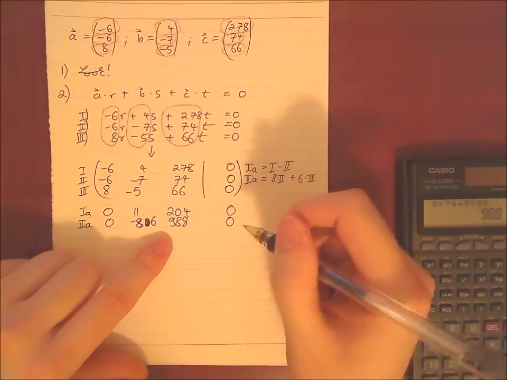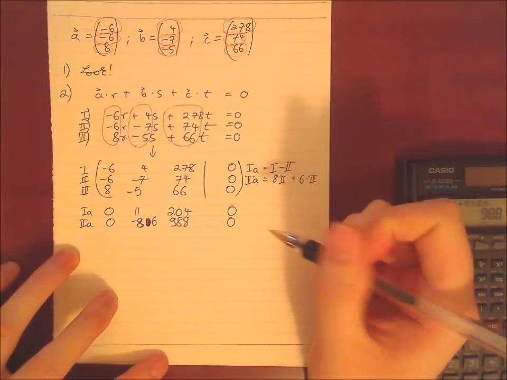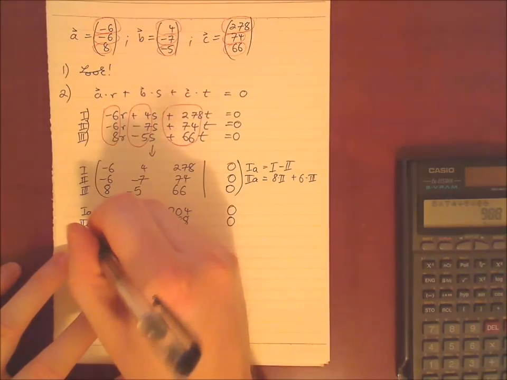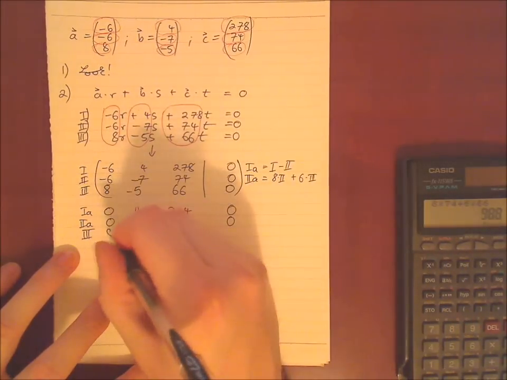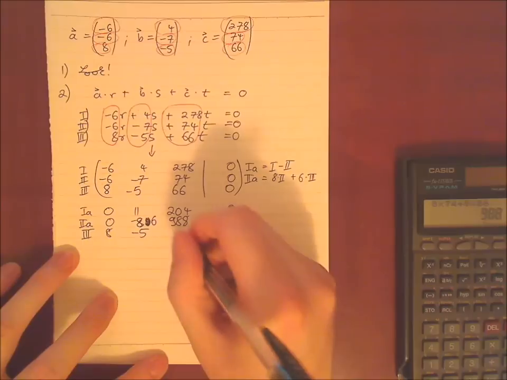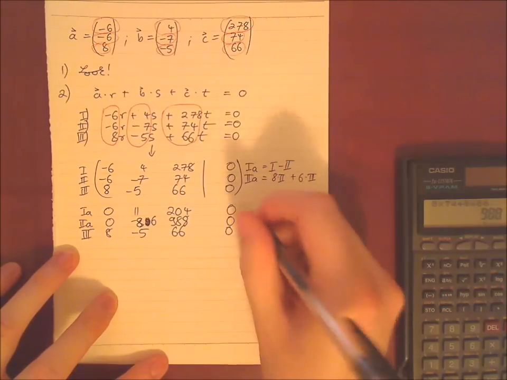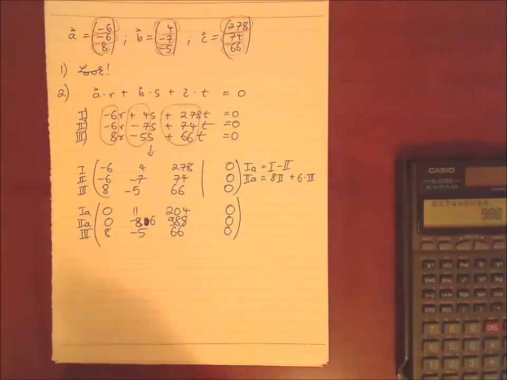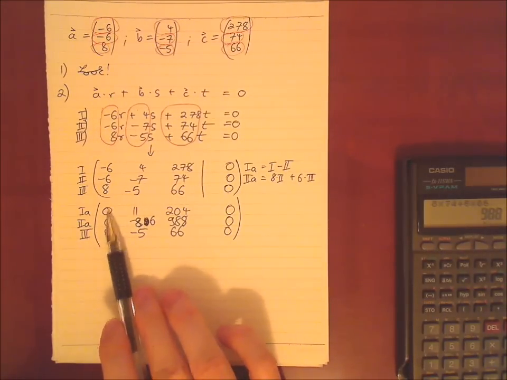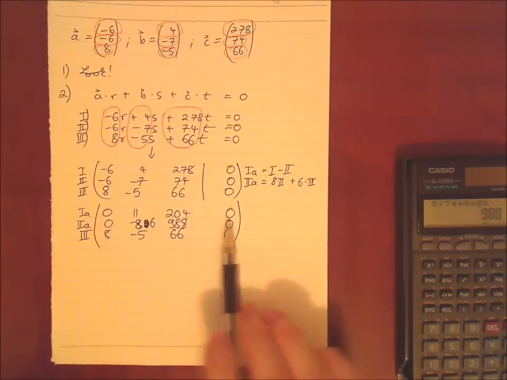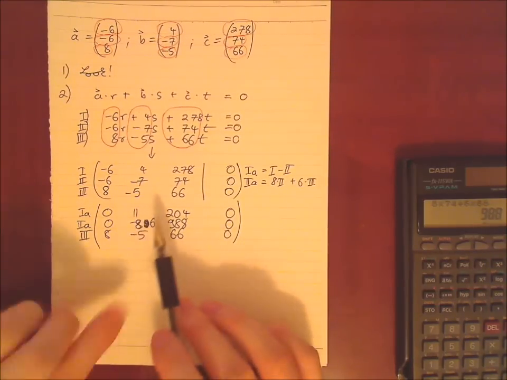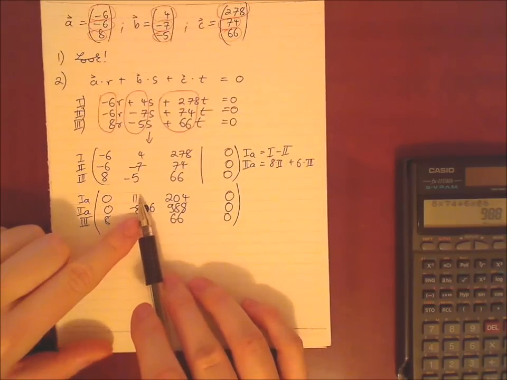Okay, these numbers are not too nice, but we can calculate it anyway. And we end up with 3, 8 minus 5, 66, 0, and then we see, okay, there is one problem, because we see 0, 0, 0, 0, that's okay, but in between we see that it doesn't really work out.